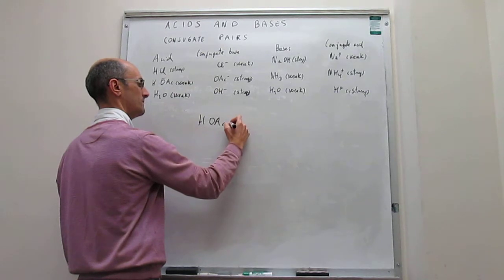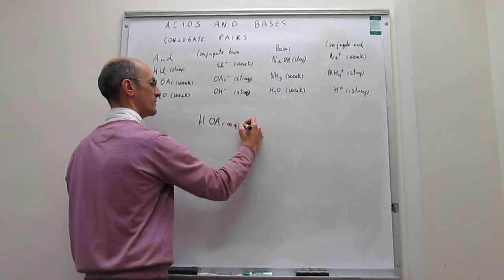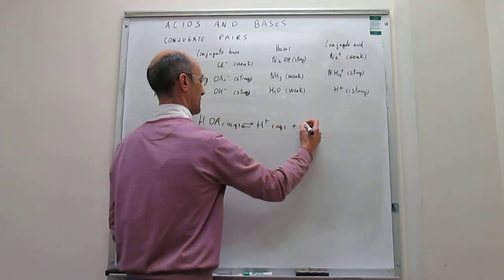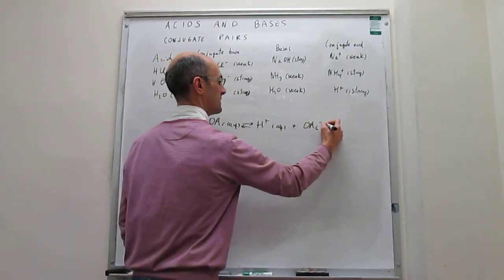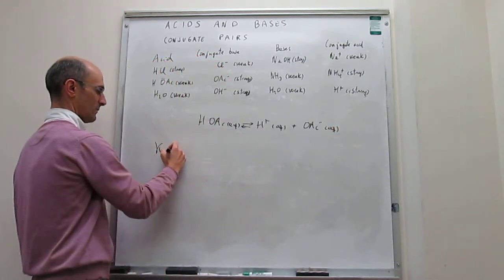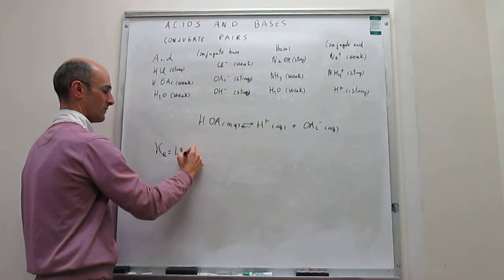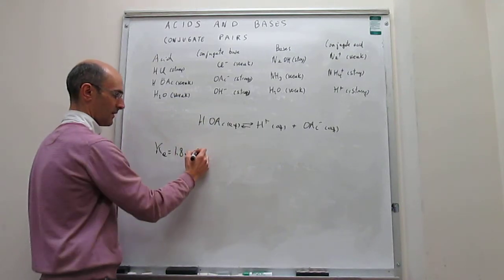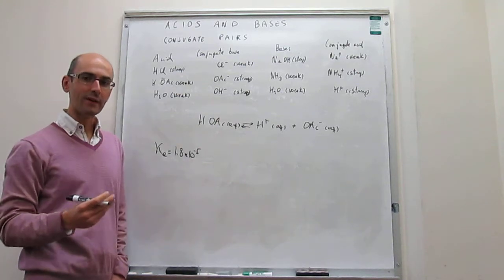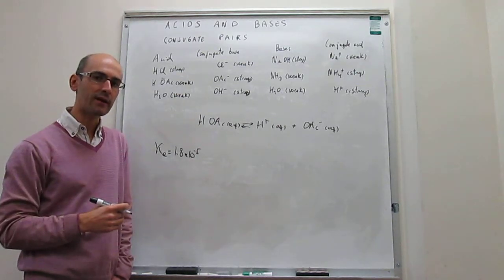In aqueous solution, you generate protons and you generate acetate. We know that the Ka for this process is very low, 10 to the minus 5. And we're going to try to justify this low value of the equilibrium constant by looking at the strength of the conjugate pair at play.